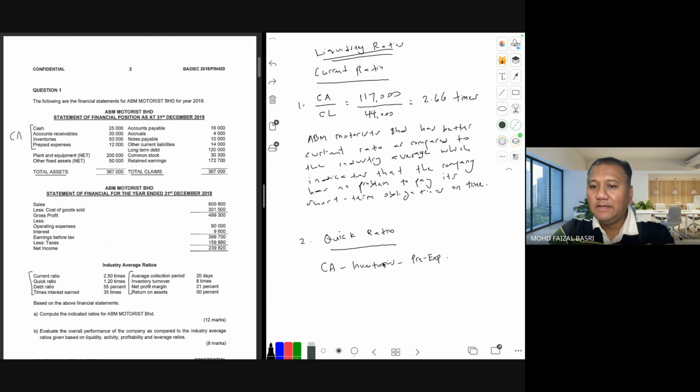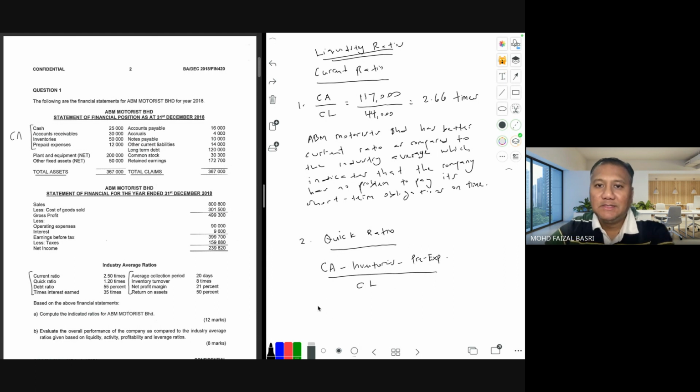Kalau ada, if any, based on these two, if there's any one or both, you can minus. And you're going to divide it with current liabilities. Okay, so quite similar like the first one. Cuma the total current assets that you have, yang 117 ni, you have to remove inventories and prepaid expenses. So in this case, yes, untuk soalan ni, both ada inventories and prepaid expenses.